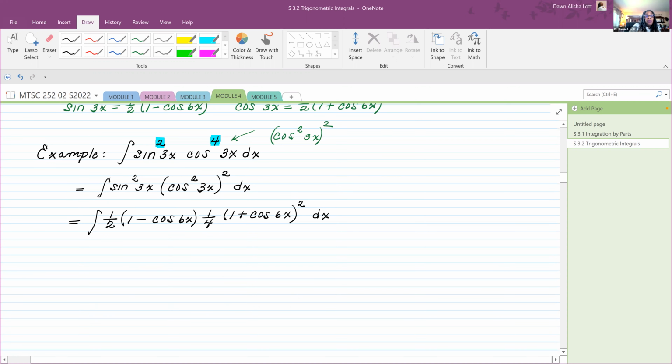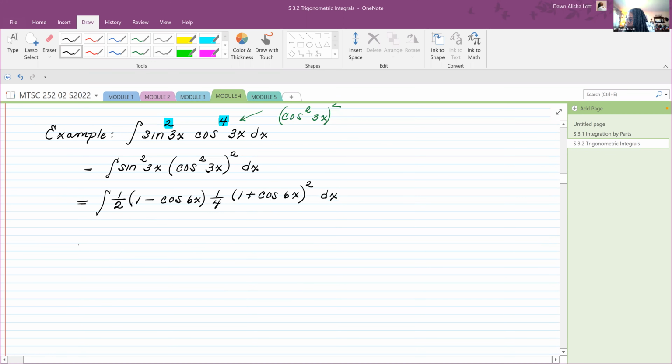This is a hairy, scary problem. I know he went through one like this. You can pull out the 1/8, and this is 1 minus the cosine of 6x times 1 plus 2 cosine of 6x plus cosine squared of 6x dx.